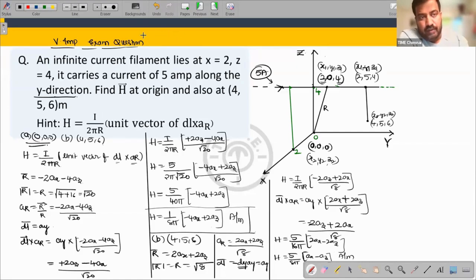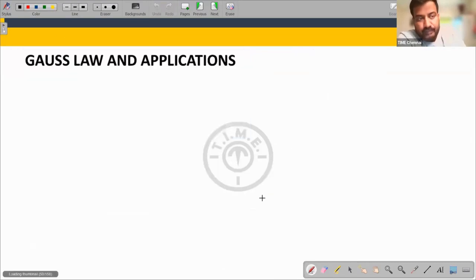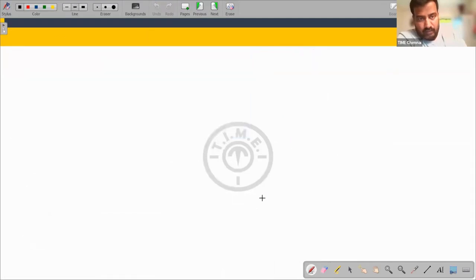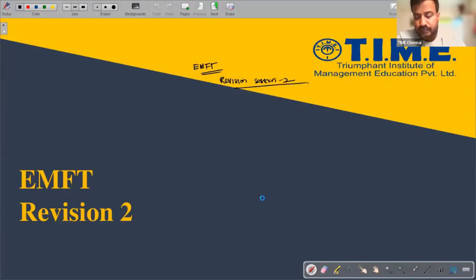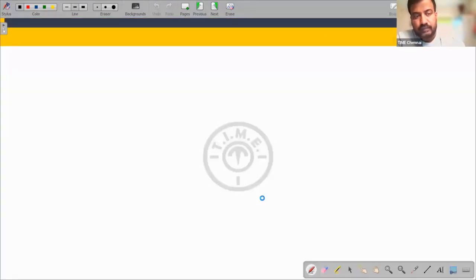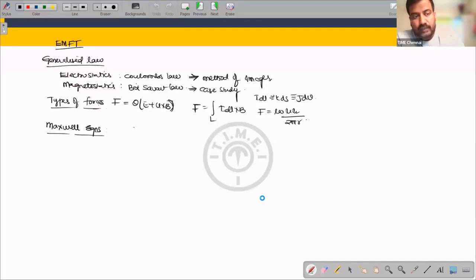So this is a very important model. So just go through it. Next is, we'll start Maxwell equations.